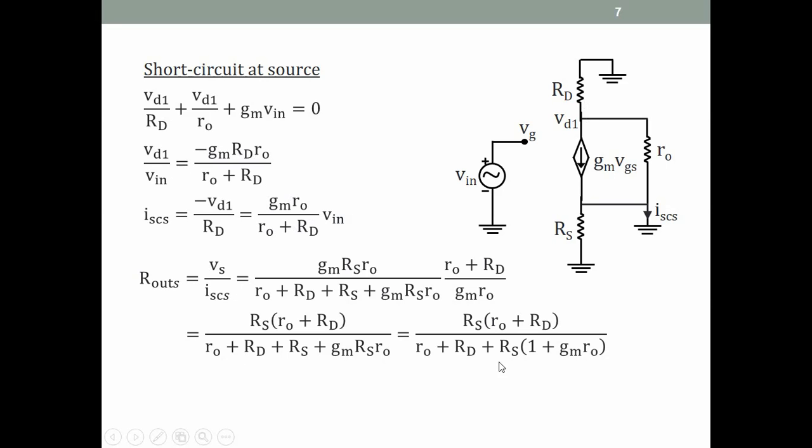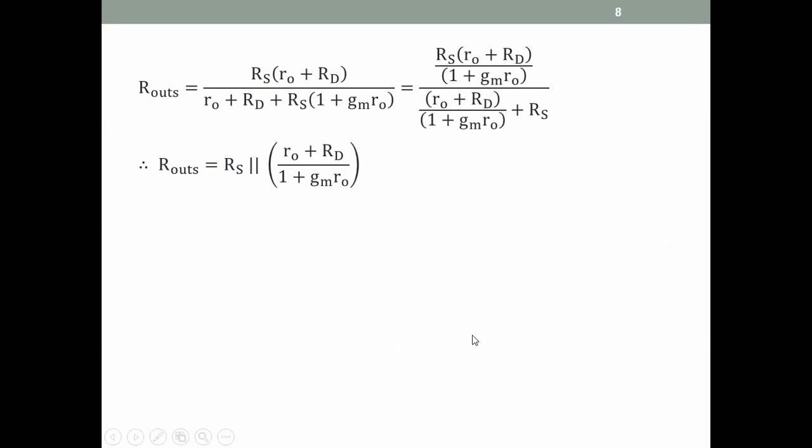And so all these big expressions, let me see, we get RS into RO plus RD divided by RO plus RD plus RS into 1 plus GM RO. Now if we divide and multiply by 1 plus GM RO, then we get RS into RO plus RD divided by 1 plus GM RO, divided by RO plus RD divided by 1 plus GM RO plus RS. I'm able to do this because I knew that this is a good thing to do.